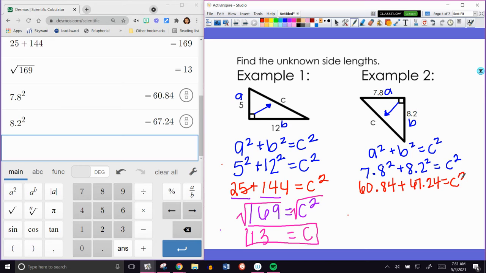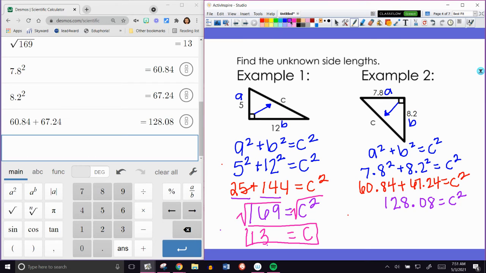And that equals C squared. So again, as I'm starting to read this, I can add 60.84 plus 67.24, and that will give me 128.08, and that equals C squared.